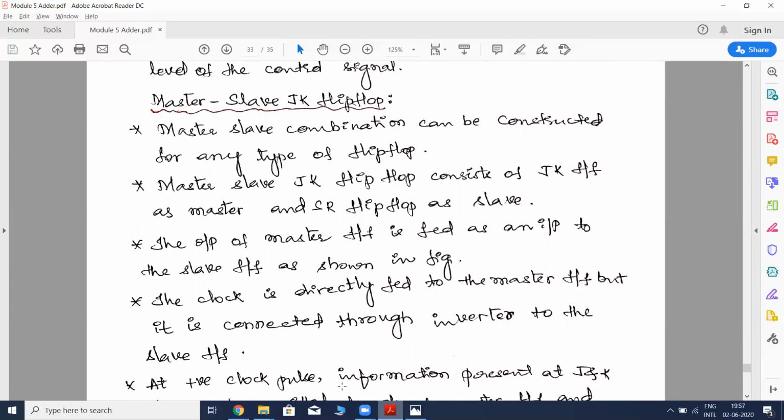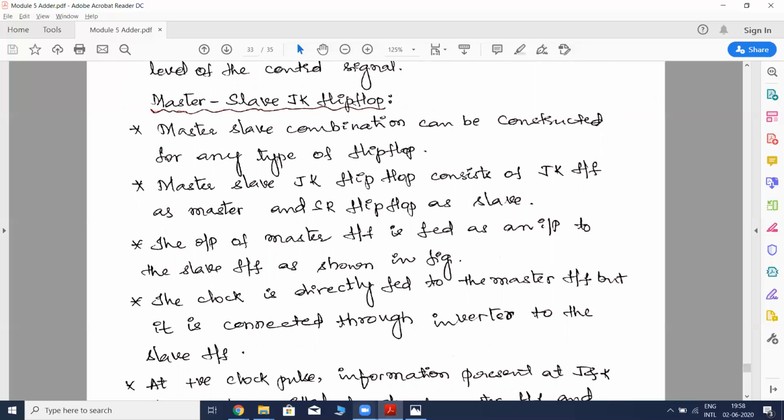Actually, a master slave combination can be constructed for any type of flip-flop. A master slave JK flip-flop consists of a JK flip-flop as master and an SR flip-flop as slave. The output of the master flip-flop is fed as input to the slave flip-flop.